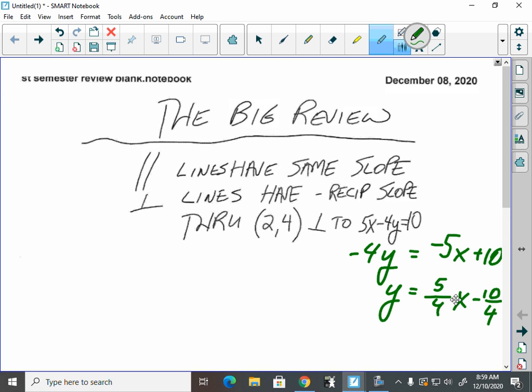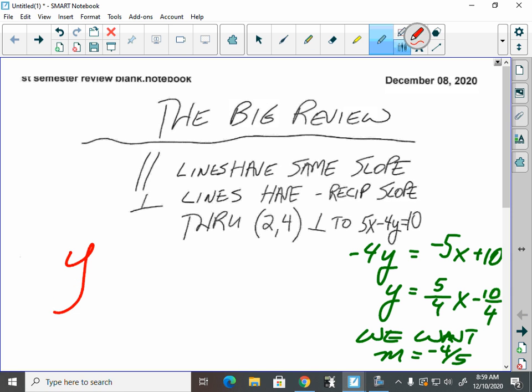Okay. And then we want it to be perpendicular. So we want -4/5. And then it's just a fun little problem.